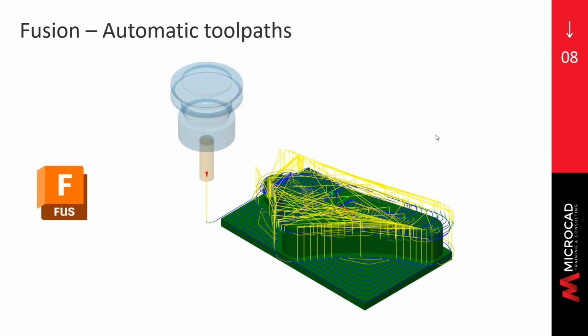We can also see artificial intelligence at work when we're creating toolpaths. This is a tool that has been around for a while, and basically it tries to remove, in machining operations, as much material as fast as you can, so the most efficient way of getting this part machined.